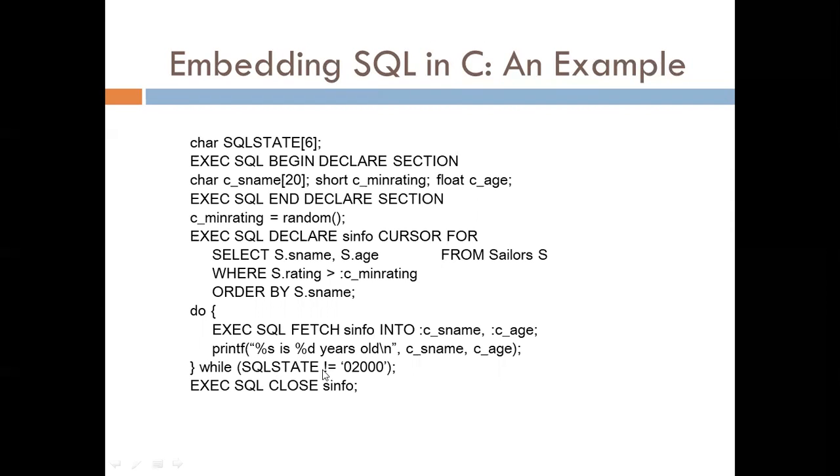While SQL state not equal to 02000. This 02000 is a specific value which indicates that we have completed extraction of all the rows, that we have reached the state where there are no more rows in the cursor.